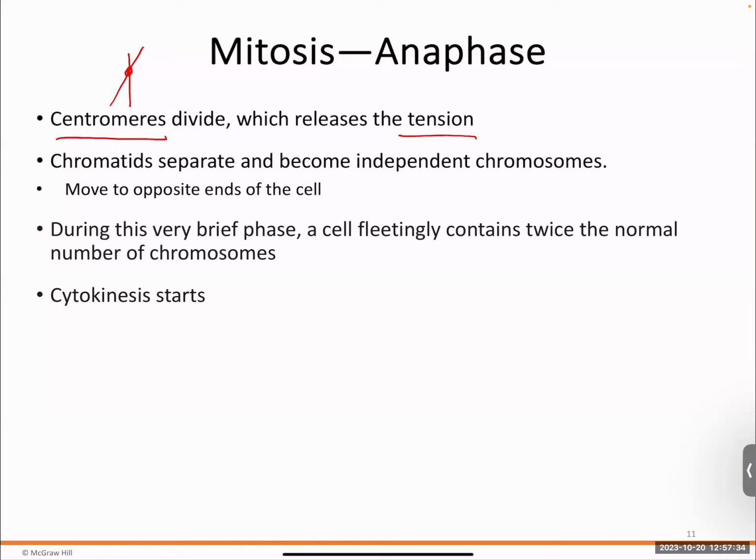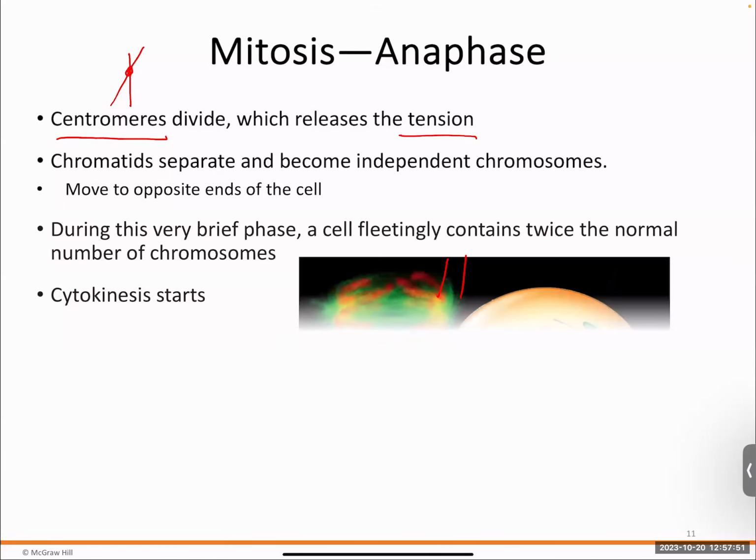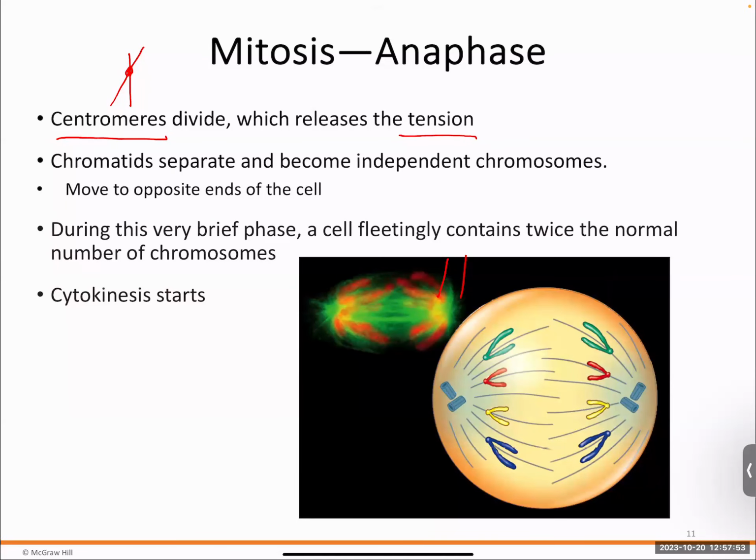Now, as the chromosome separates, you're going to end up with two separate arms of the chromosome, and at this point they're going to be moving in opposite directions of the cell. This is a very brief phase.